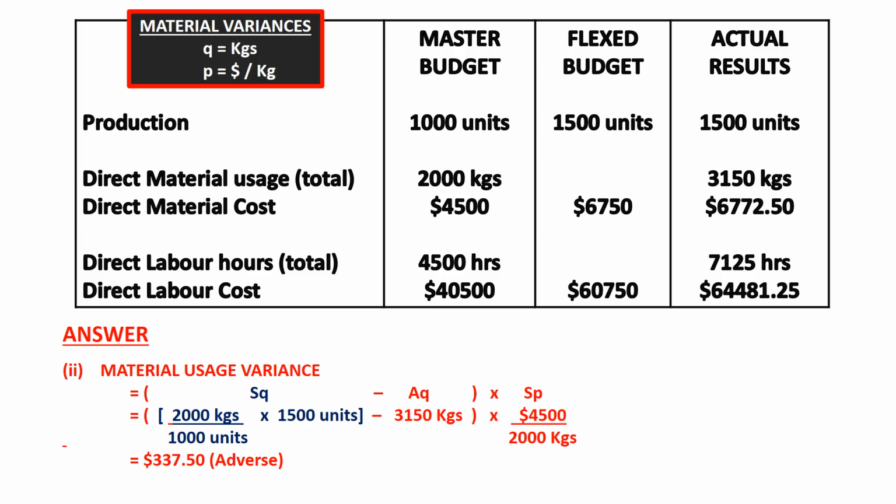Here, be careful about SQ. Don't forget that it is the standard quantity for the actual production of 1,500 units. Therefore the 2,000 kilograms for the production of 1,000 units, found in the master budget, should be flexed for 1,500 units. Look at the working in blue.